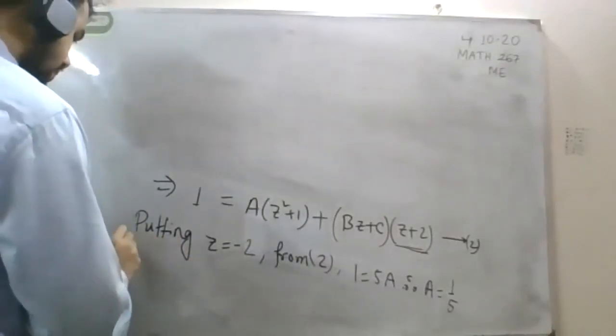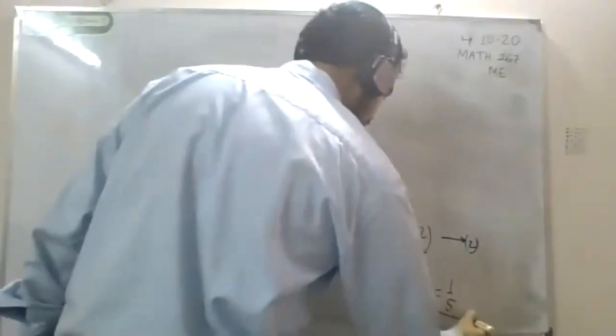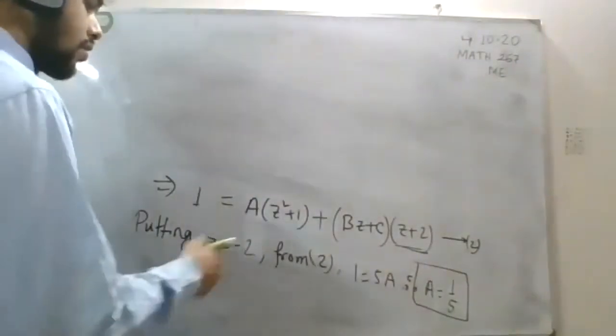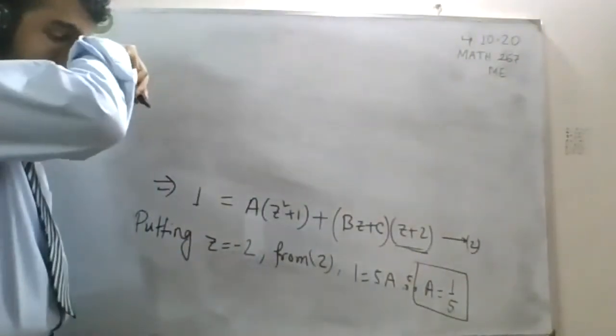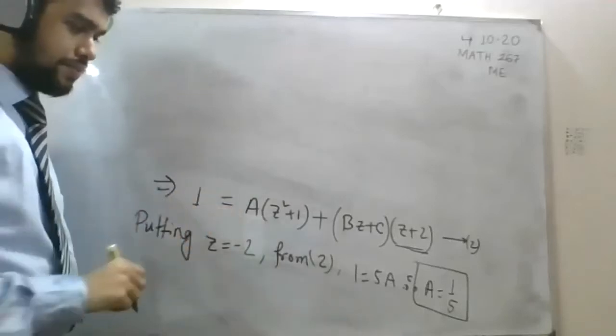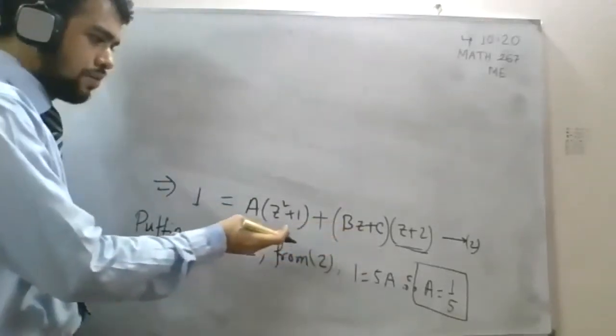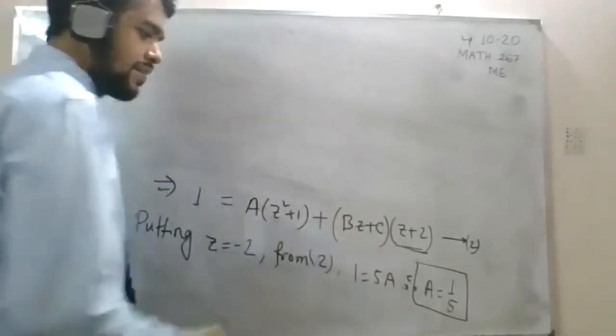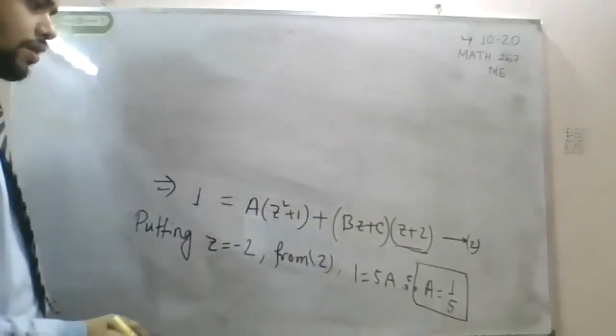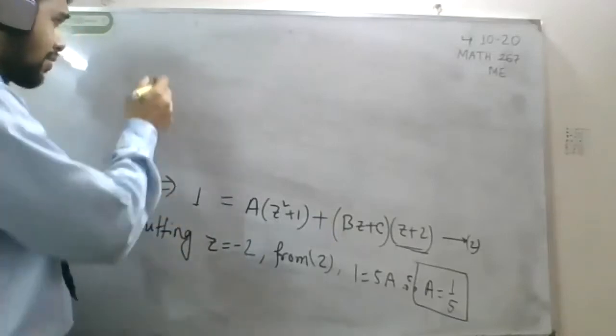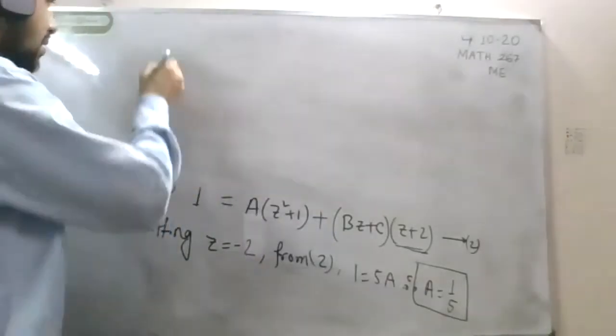Now tell me, here a equals 1 by 5. Now how can I find out the value of b and c? Sir, if we take z equals 0, we may get another. Okay, now I'll give you another process. Just take a look here.